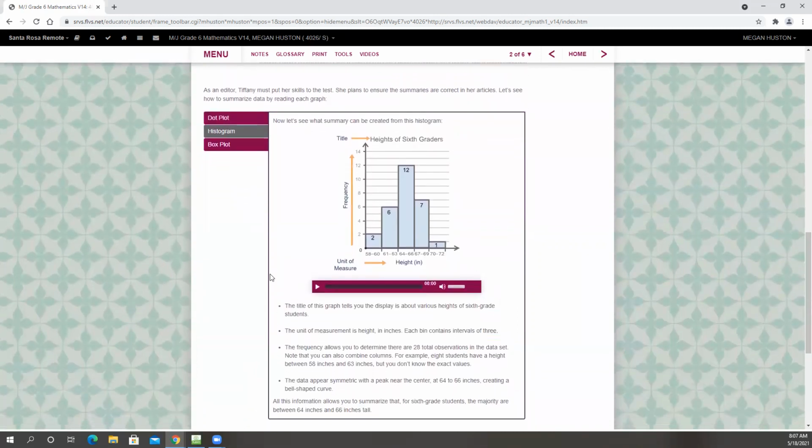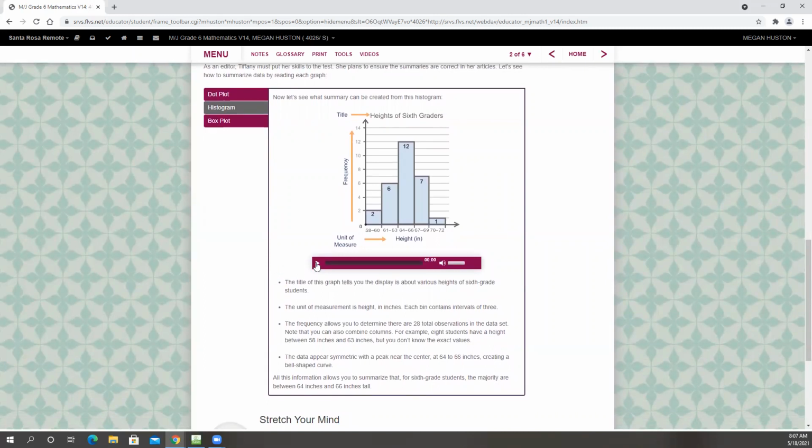Histogram, we're going to look at the summary that can be created from the histogram.